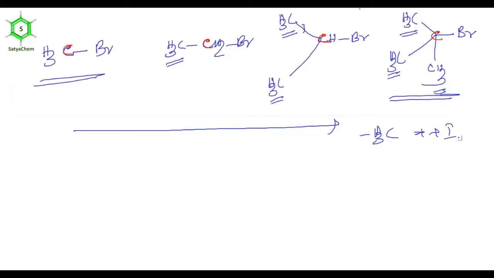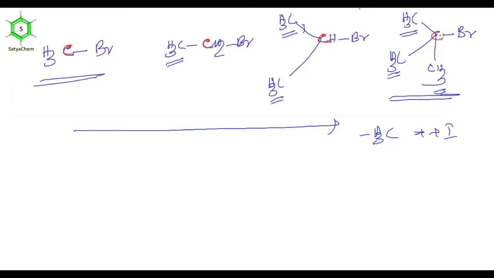So the nucleophile, here it is HO minus, should have a lower tendency to attack the carbon bearing halogen, because HO minus loves to attack the carbon having high positive charge density. But in the extreme right, the positive charge density on the bromine bearing carbon atom is the lowest.